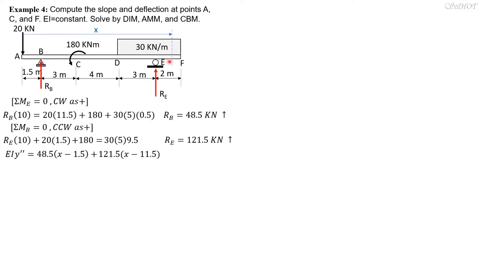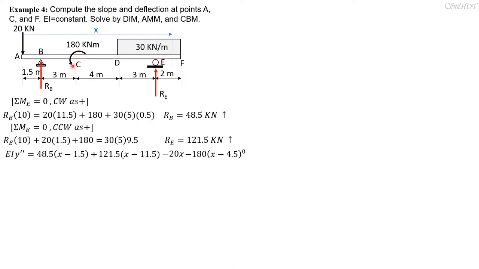So 121.5 times x minus 11.5, then minus 20 times x, then minus 180 because 180 is not acting at the origin. So let's have its moment arm equal to x minus 4.5 to the 0. So this distance supposedly is x minus 4.5.